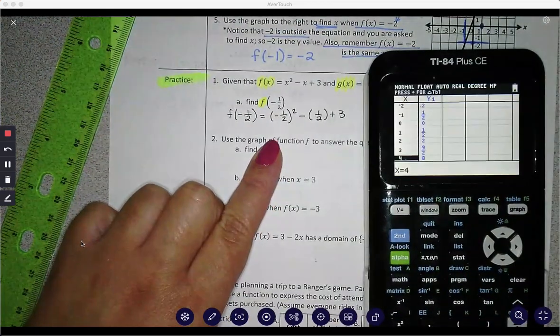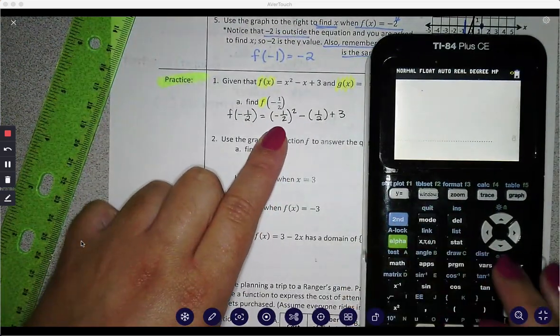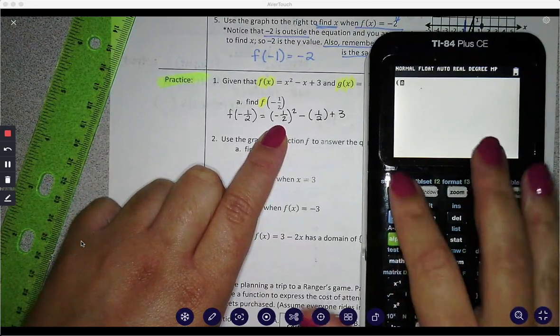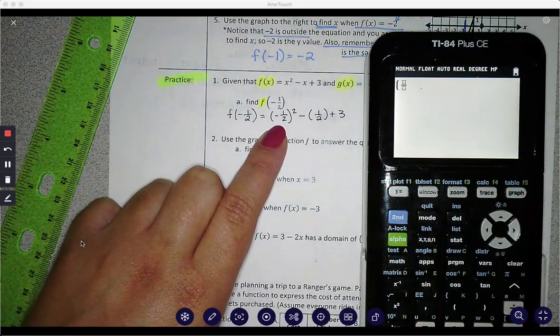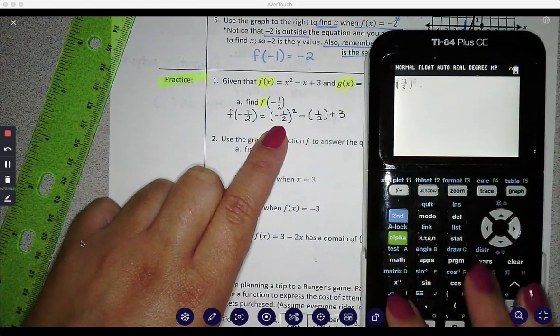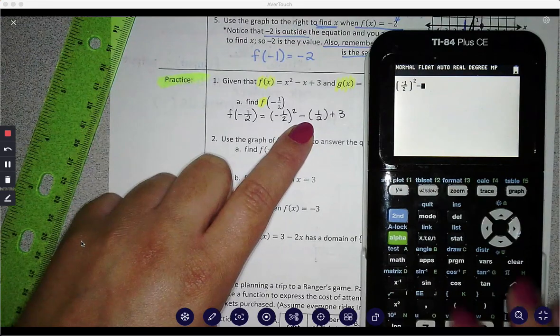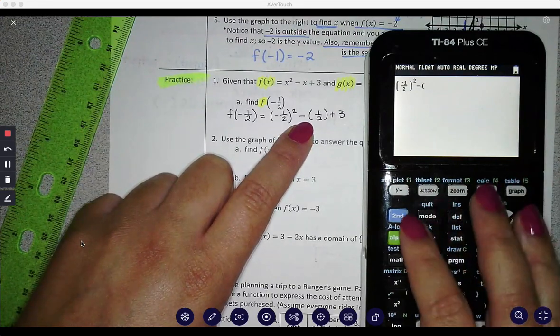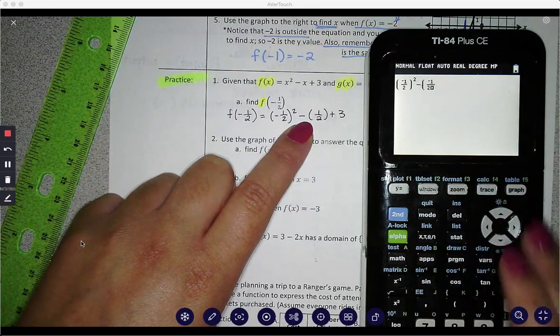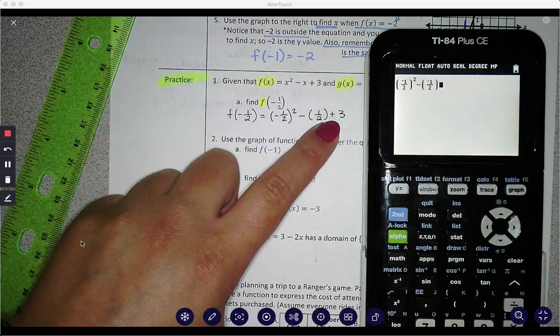So we could turn our calculator on. (-1/2) squared minus (-1/2) plus 3.